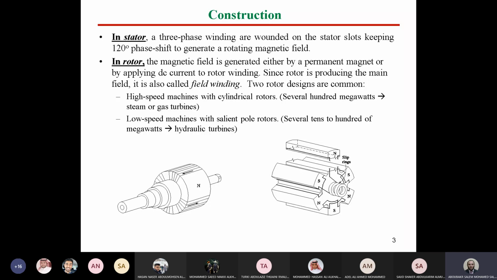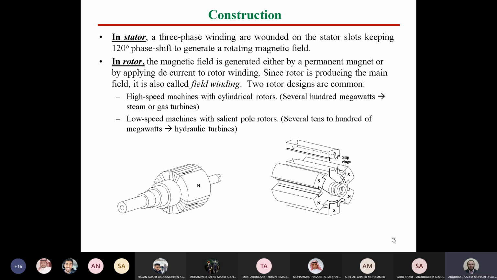So the synchronous machine is an AC machine. We are going to discuss the three-phase. Of course, we have multi-phase machines. We can have single-phase machine, two-phase machine, three-phase machine, and so on. We have now in the market 5- and 6-phase machines.